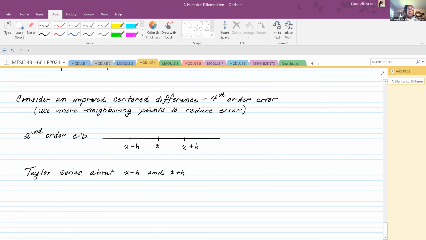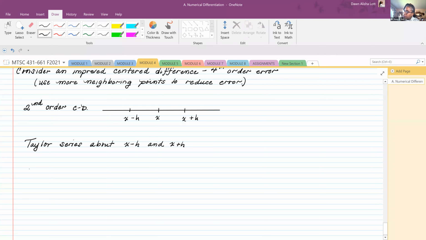Okay, so now in order to do my fourth order central difference, I'm now going to use x plus h, x plus 2h, x minus h, and x minus 2h.